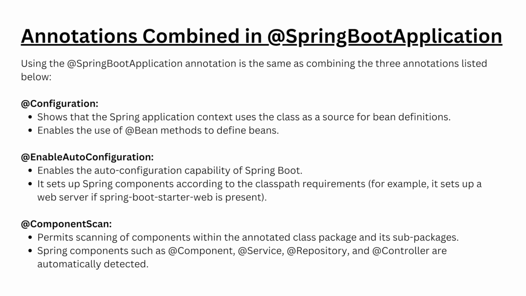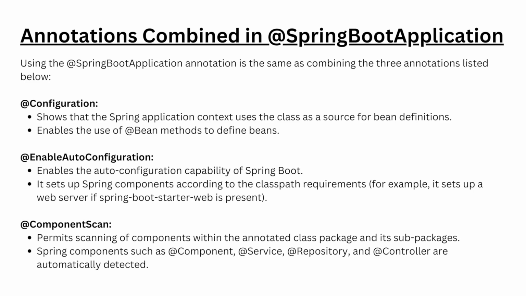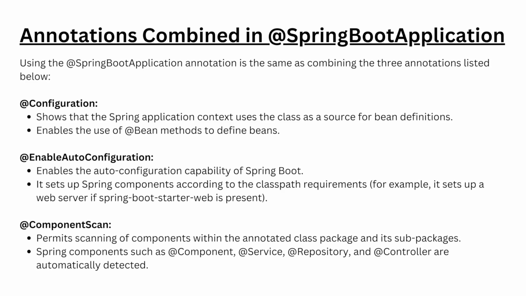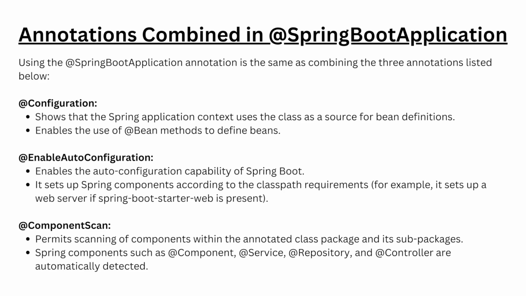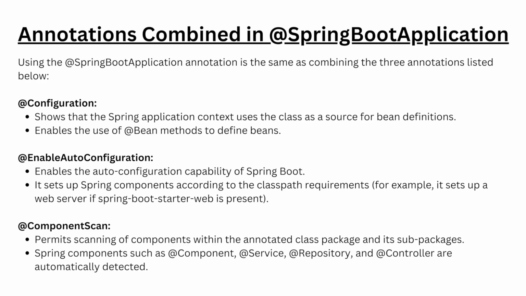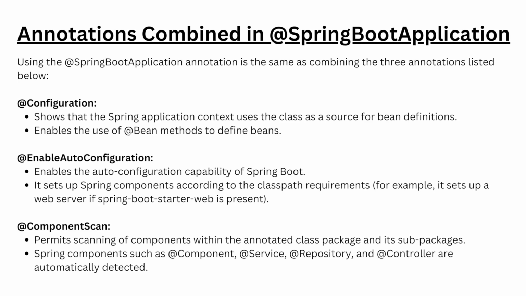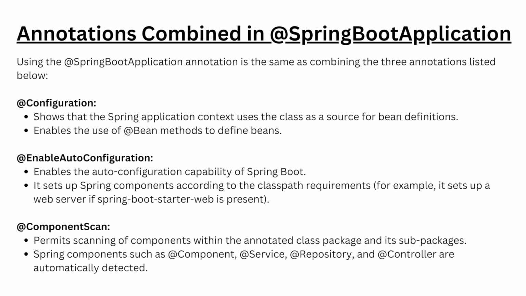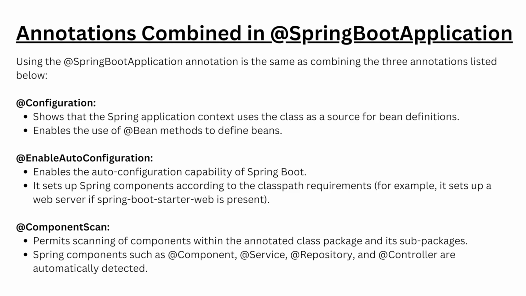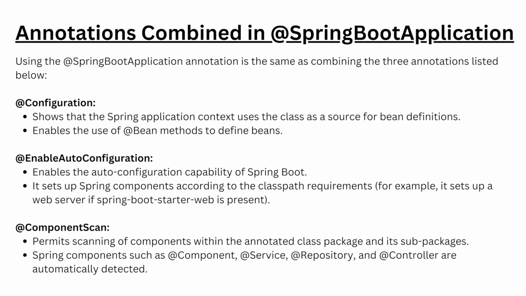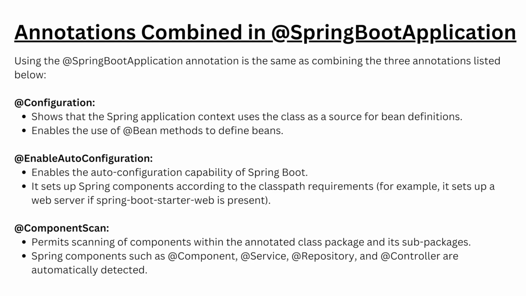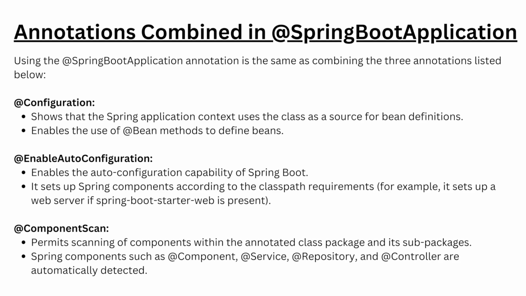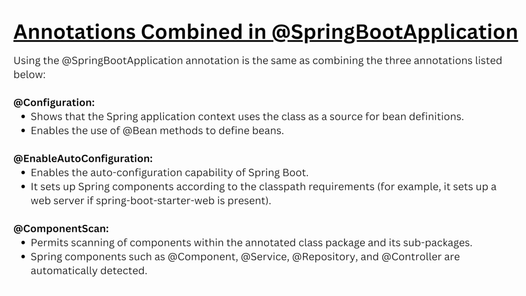Talking about the Configuration annotation, this indicates that the class is a source of bean definitions for the Spring application context, and it allows you to define beans using Bean annotated methods. Now ComponentScan enables component scanning in the package of the annotated class and its sub packages. It automatically detects Spring components like your Component annotation, Service, Repository, and Controller.